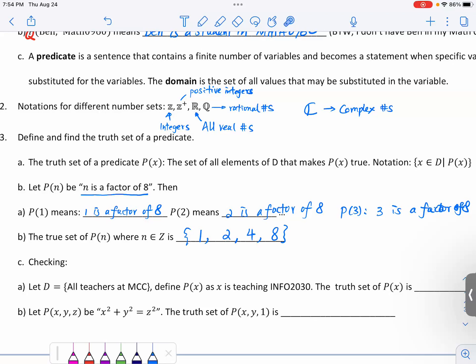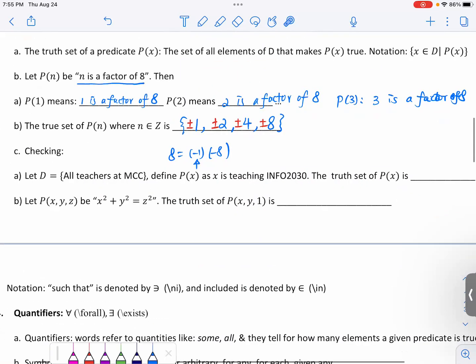Actually, negative 1 is a factor of 8, because 8 equals negative 1 times negative 8. So to list all the factors, we have to consider both positive and negative. Therefore, this is the truth set of P(n) in this case.